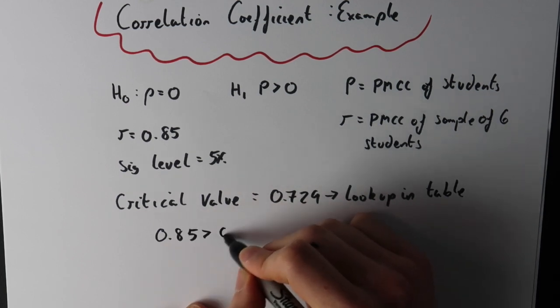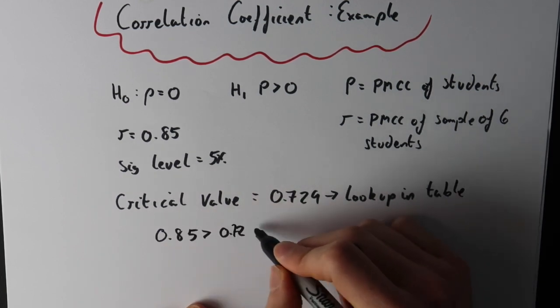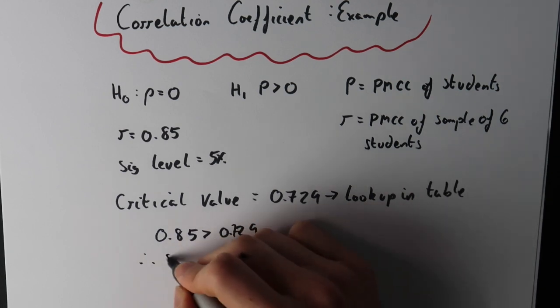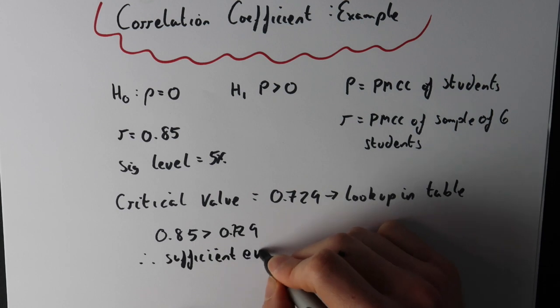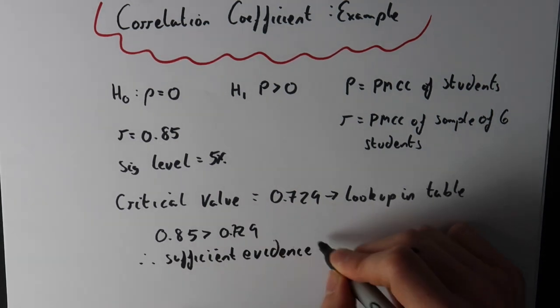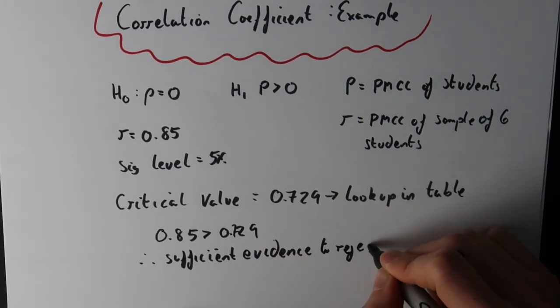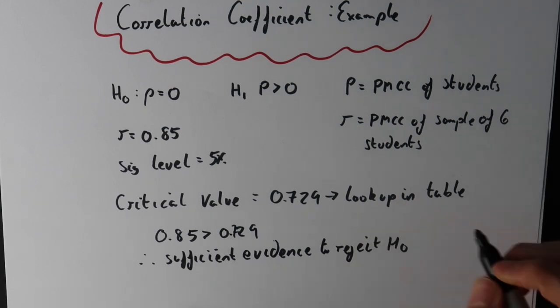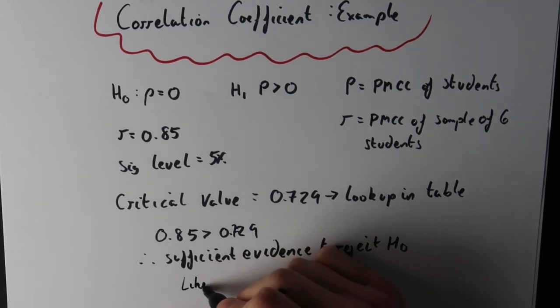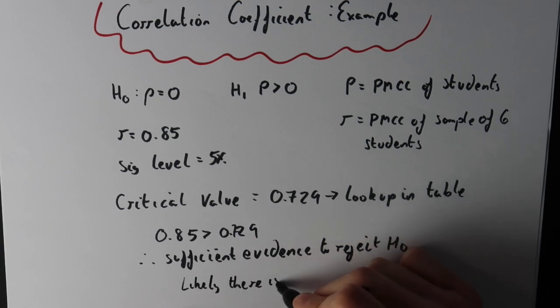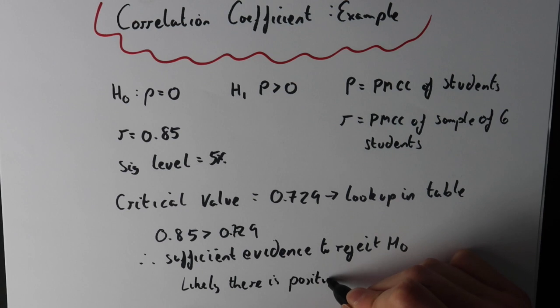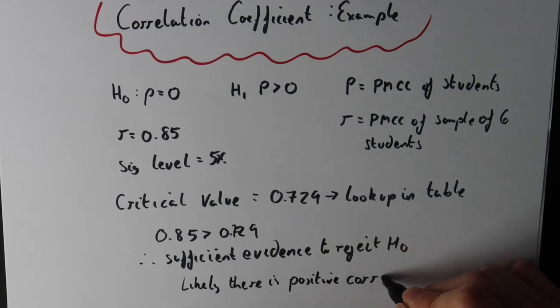In this case, the critical value is 0.729. And then we see that our r value is greater than the critical value, and therefore we can conclude that there is sufficient evidence at the 5% significance level to suggest that this population has a positive correlation between weight and height.